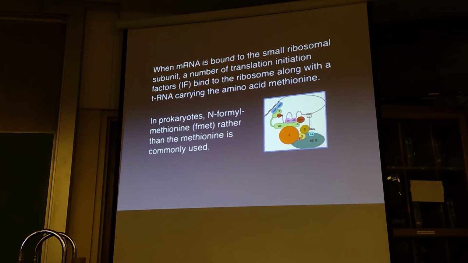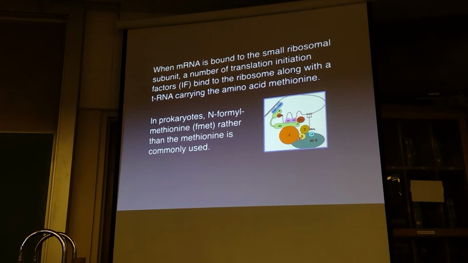Once the small ribosomal subunit is bound, then the second step is going to be binding a specific transfer RNA that's carrying the amino acid methionine, because the ribosomal subunit is going to move till it gets to the start codon, the AUG. AUG encodes methionine, but methionine doesn't come down by itself.